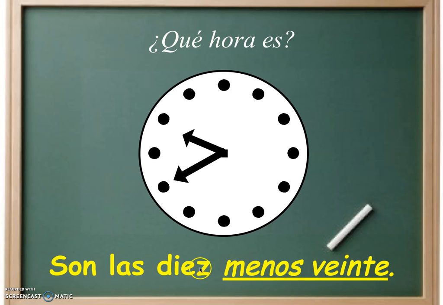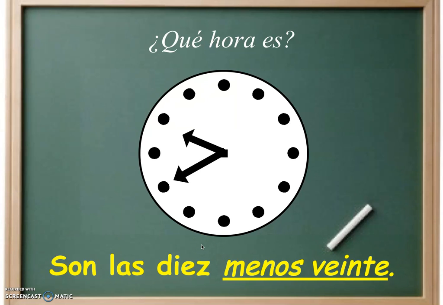Son las diez menos veinte. Menos means minus. So we have 10 minus 20. 10 o'clock minus 20 minutes brings us to 9:40.